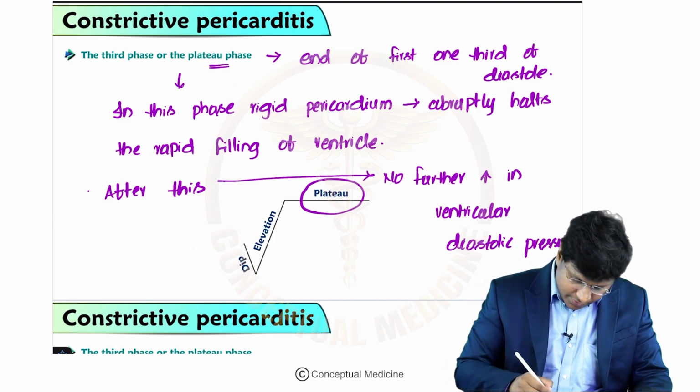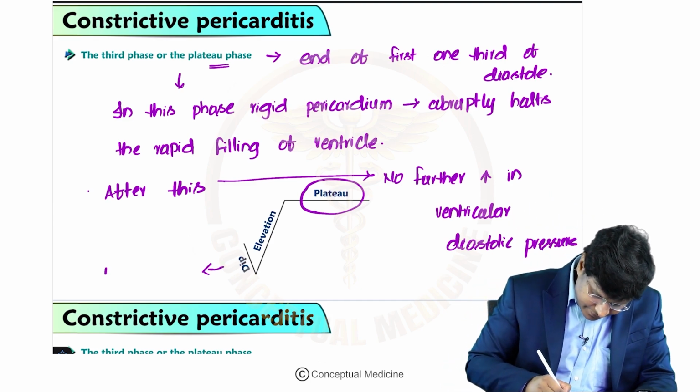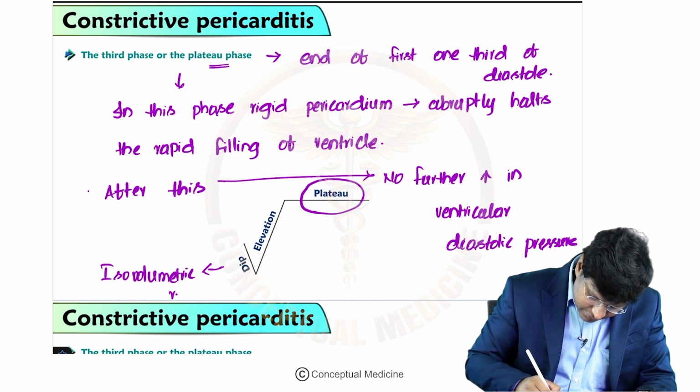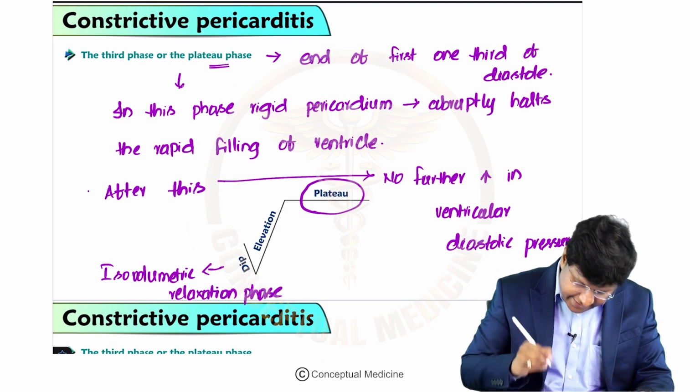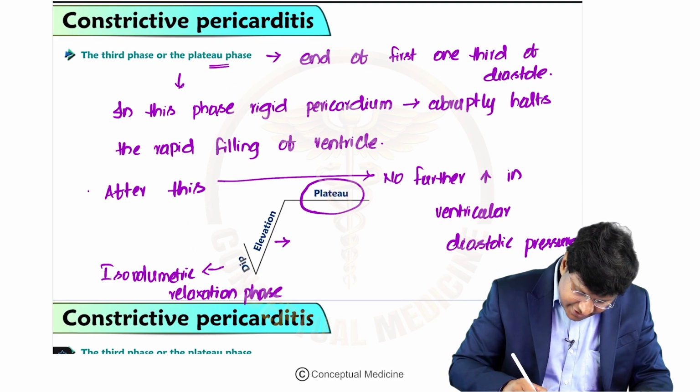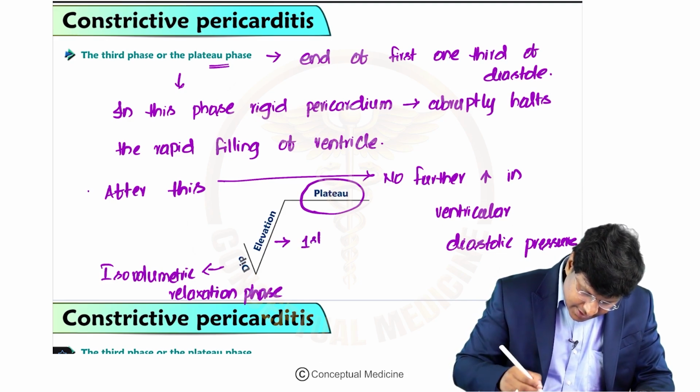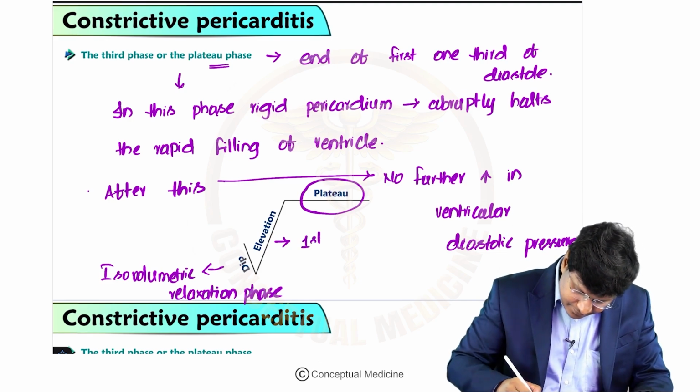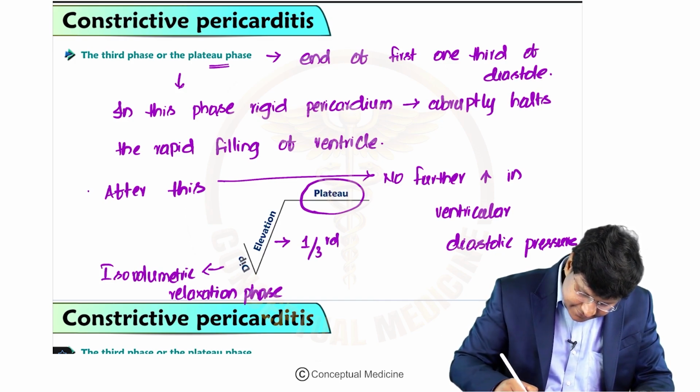root sign. So the dip is during the isovolumetric relaxation phase, and this elevation is during the early 1/3 of diastole.